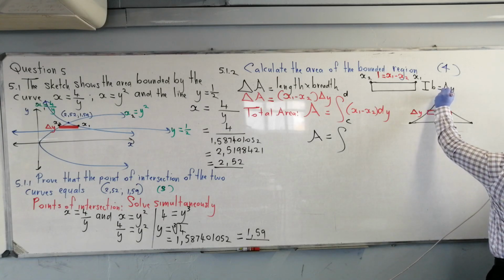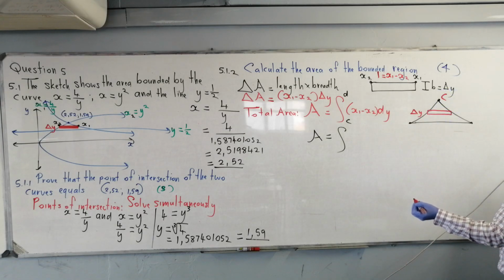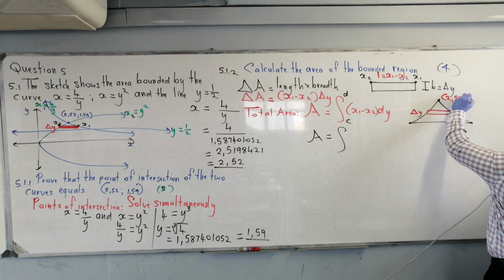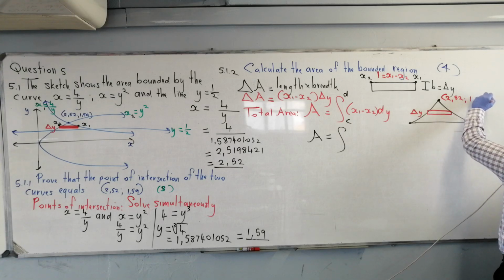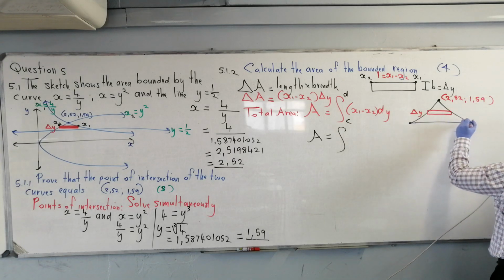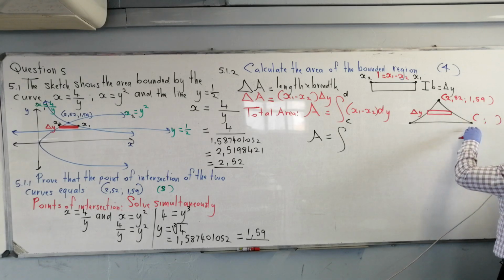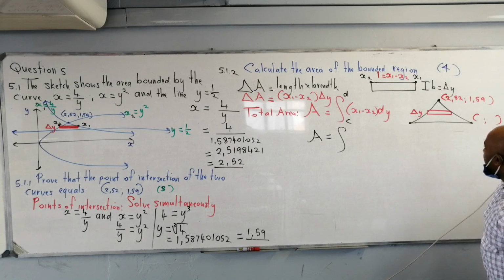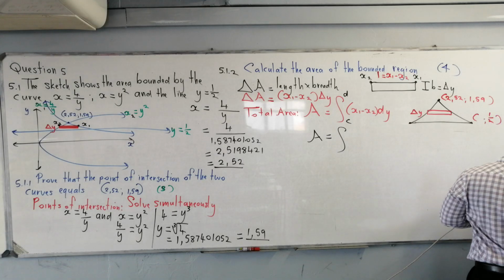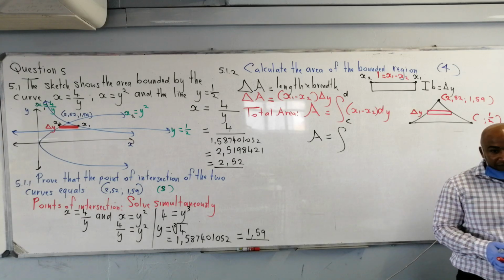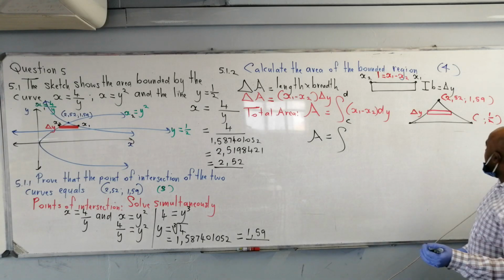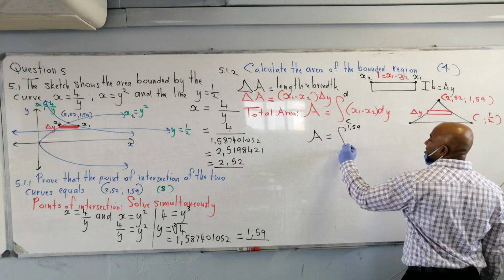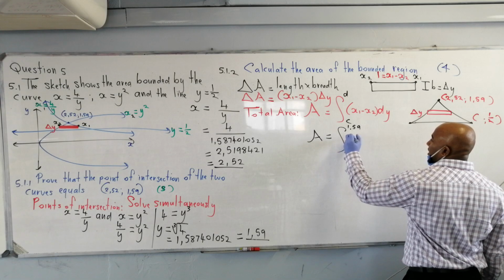So we know that this is 2,52 and 2,59, and for this value here, we are not interested in the x value, only the y value. You're clear with that? So therefore, this is going to be 1,59, and this is going to be 1/2.